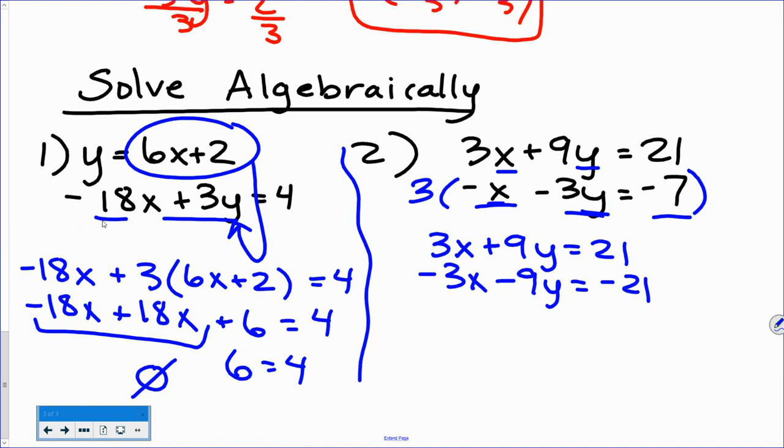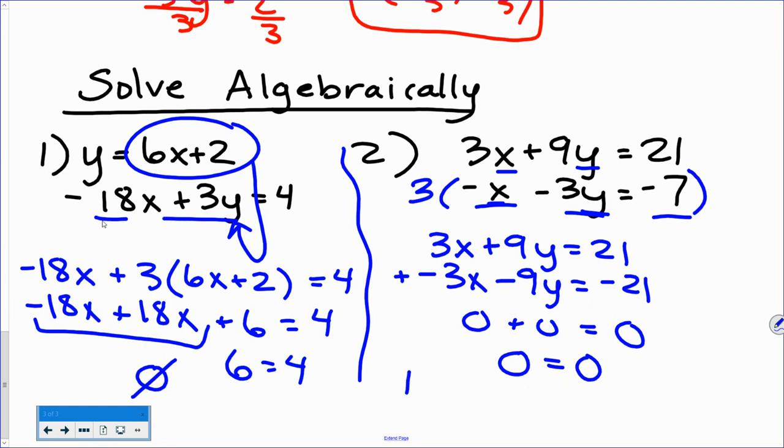And then you're going to notice something interesting. When I add these together, this would give me 0, this would give me 0, and this would give me 0. All right, so it's not no solution because 0 does equal 0. That's true. All right, so that means I got a true statement, which is what you have to have happen for an equation. So there are things that satisfy that.